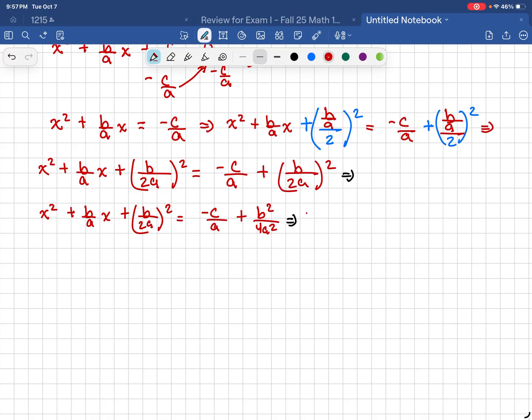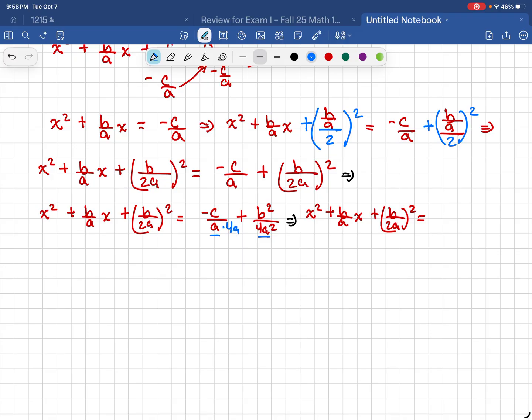And now I have x squared plus b over a x plus b over 2a squared is equal to, now before I continue, I'm still elaborating on the right side of the equation. So notice how we have 4a squared here and a. To be able to add and subtract them together, I must have the same denominator.